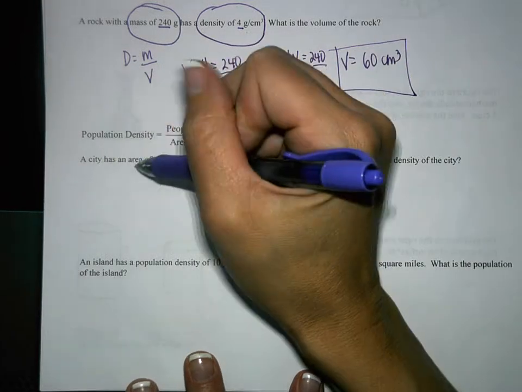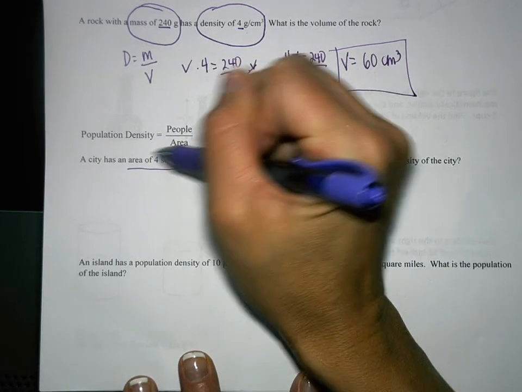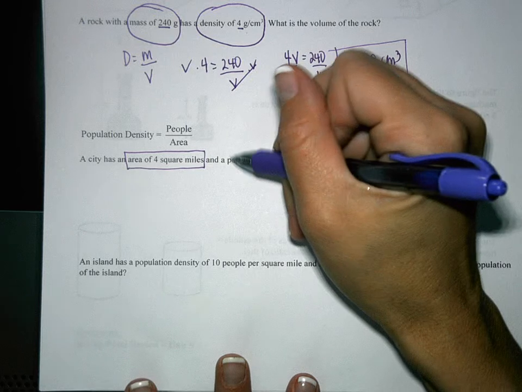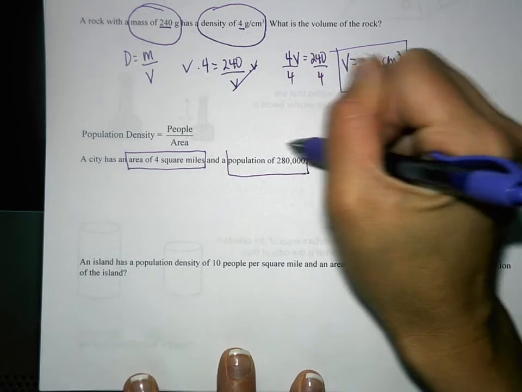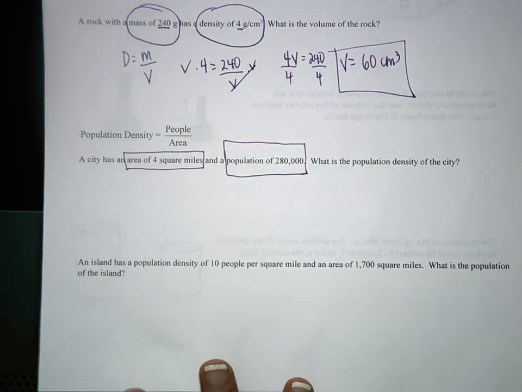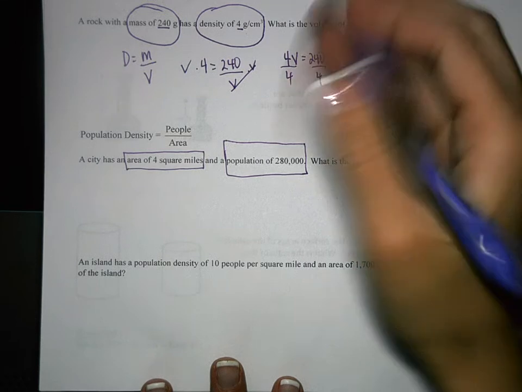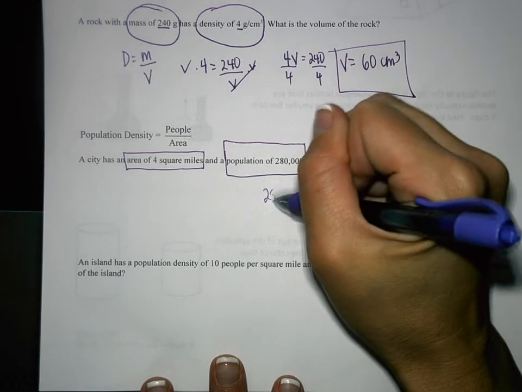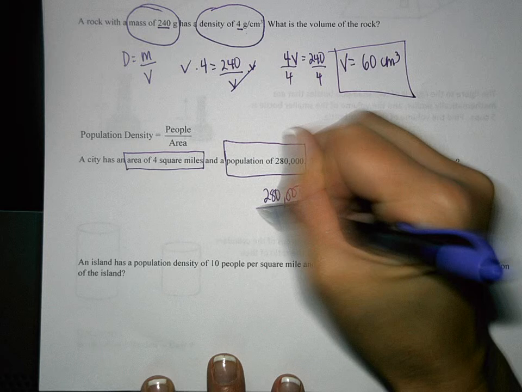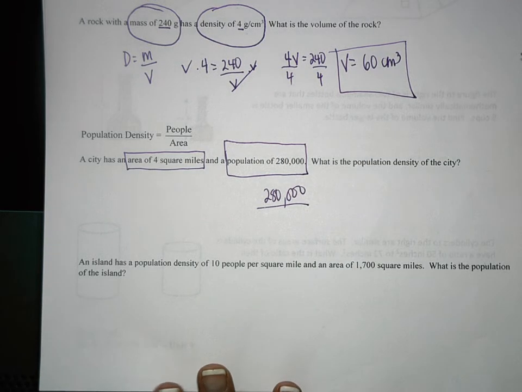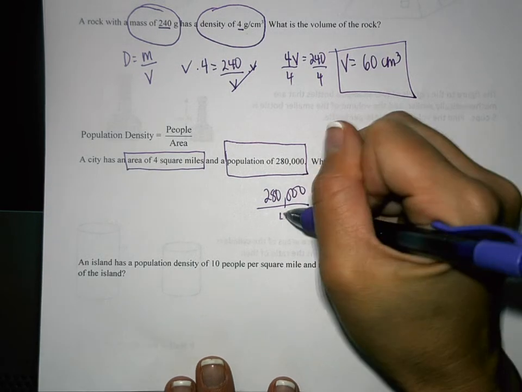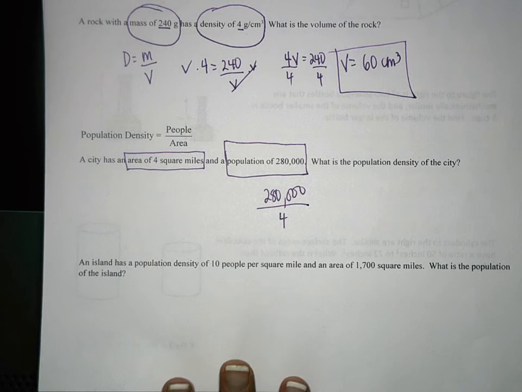A city has an area of 4 square miles and a population of 280,000. What is the population density of the city? So in this case, all we're doing is taking the population, 280,000, divided by the area, which is, good, 4 square miles.